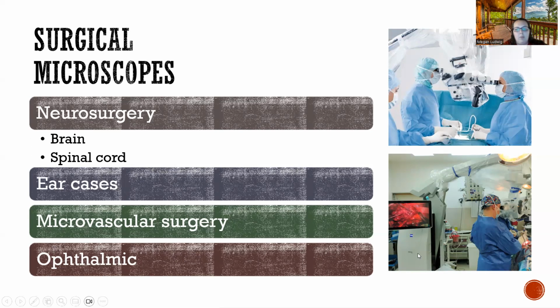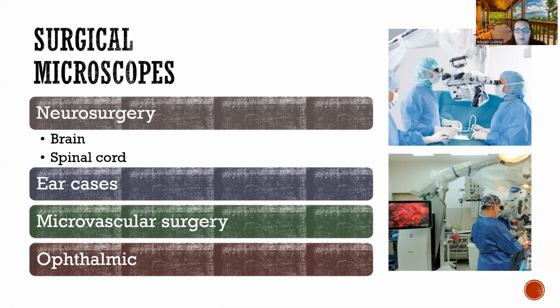So there are a lot of varieties of microscopes. Often it looks very similar to this really top and bottom picture, but you're going to have optics on one side for the surgeon and usually at least one more on the other side for an assistant, so they can properly suction, dab, whatever they need to do.